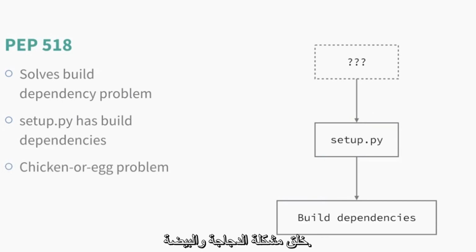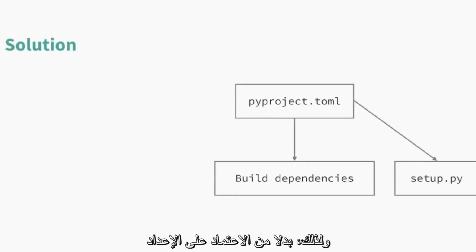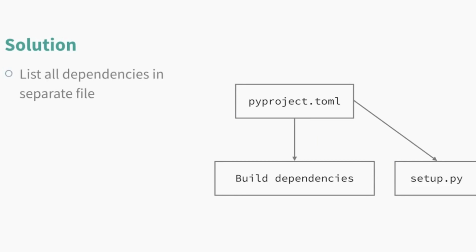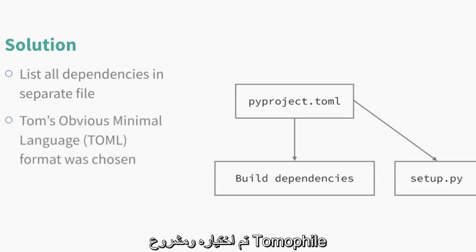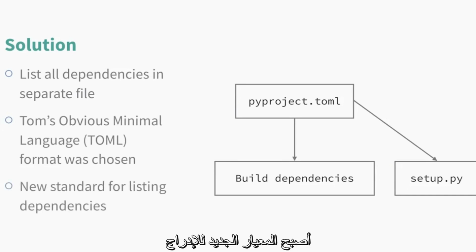This creates a chicken and egg problem. Therefore, instead of relying on setup.py, build dependencies, including those required by setup.py, should be listed in another file. After considering several different file formats, such as JSON and YAML, the TOML format was chosen, and the pyproject.toml file became the new standard of listing dependencies in Python projects.